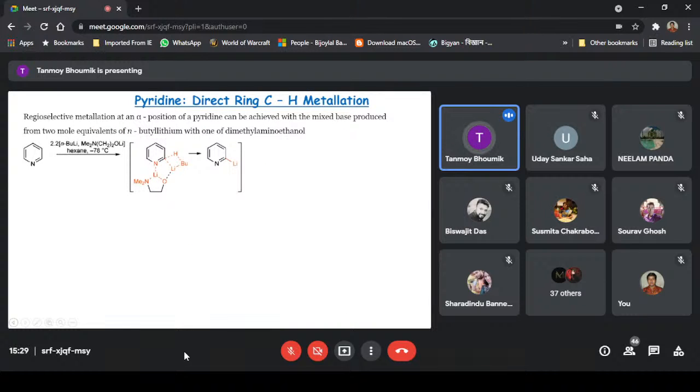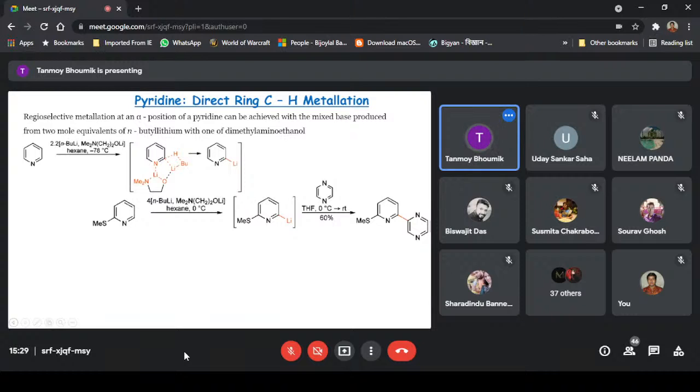So in direct ring CH metalation, the reactivity of this pyridine at the alpha position will be free, because whenever the pyridine is introduced at the alpha position, it can easily make a conjugation, and the lithium product will be substituted at this time.